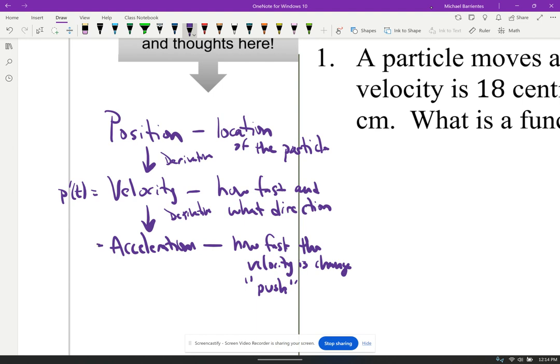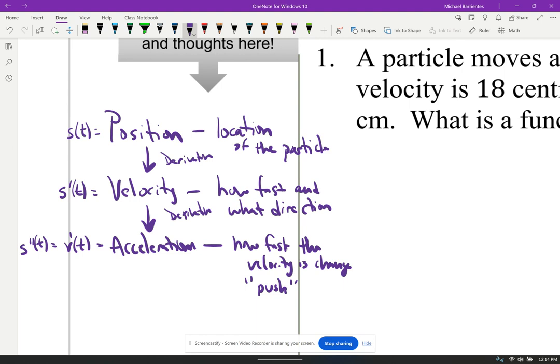And then to get to acceleration, that would be velocity prime, which is also the second derivative of position. Normally I don't use P for position. We use S, or X if it's moving in a sideways direction. So position is S of t, and I keep taking the derivative.